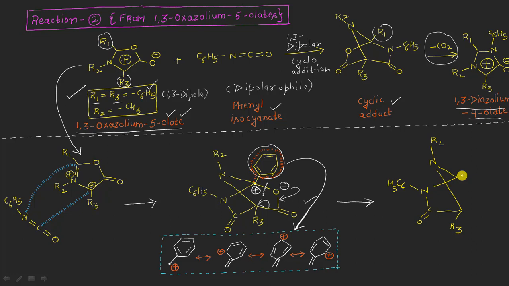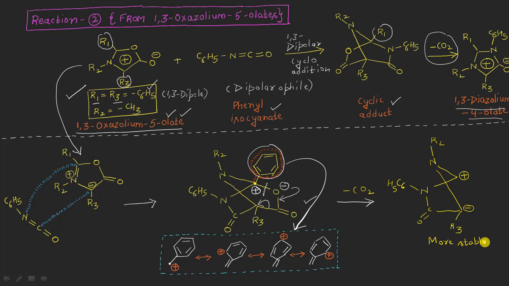Now a positive sign here and a negative sign here, and the CO2 is going out of the system because of the stability of this structure, right? So let me write here, this is the more stable structure, and this is the reason why it is going in this direction.